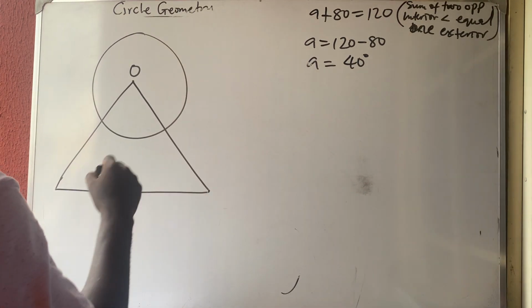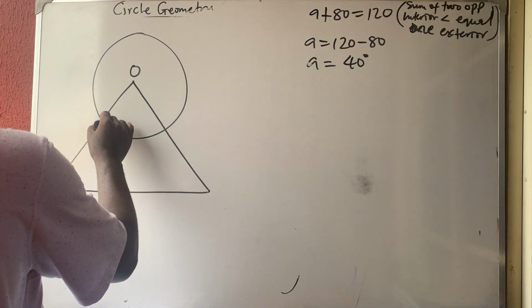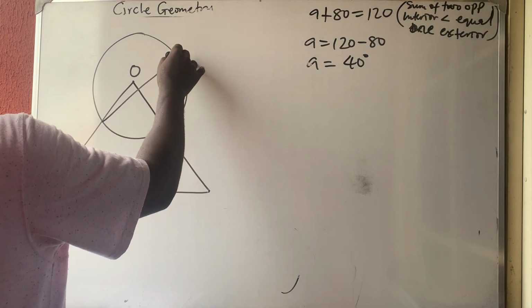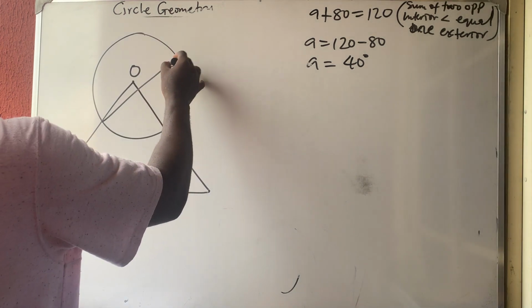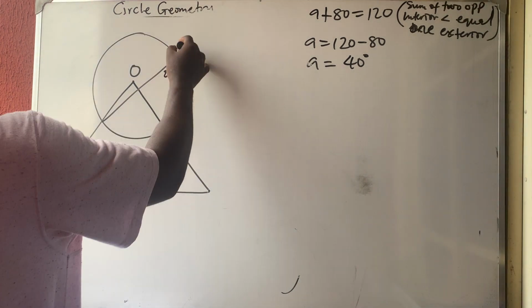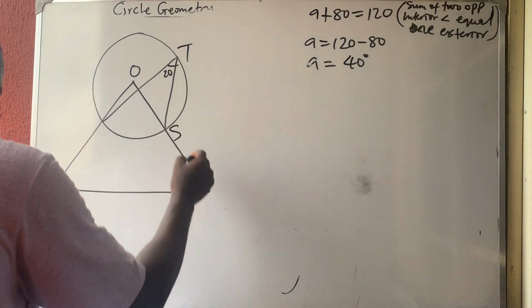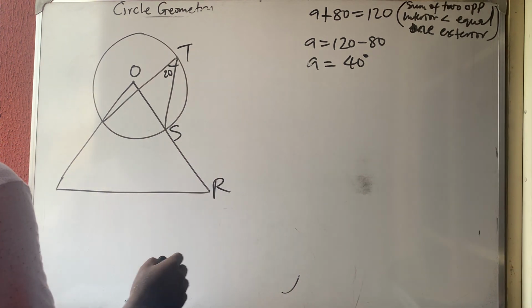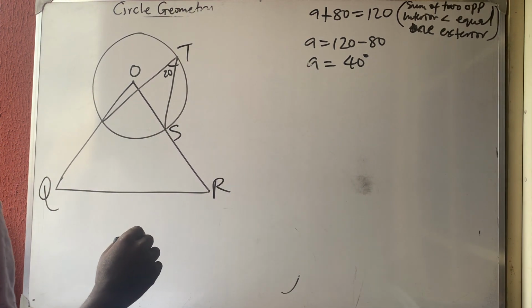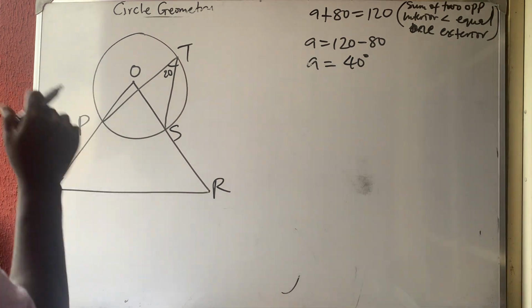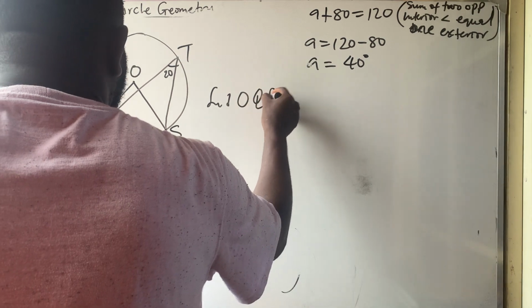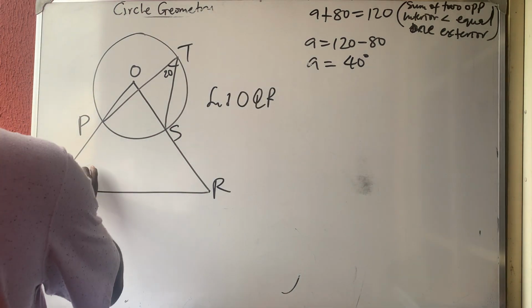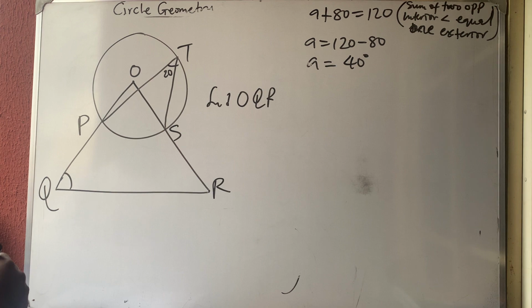We have that this one moved this way to this point, giving us that here is 20, and here is T, here is S, R, Q, P. They say find angle OQR.